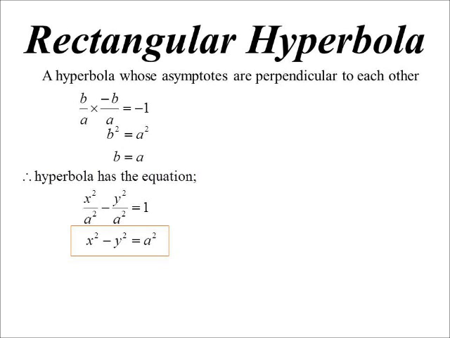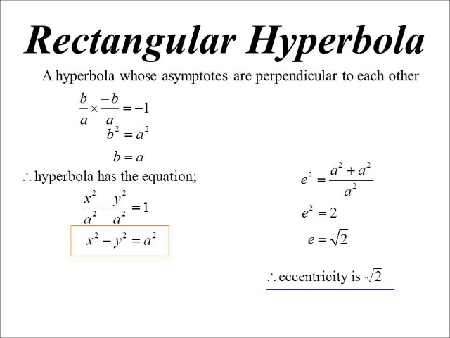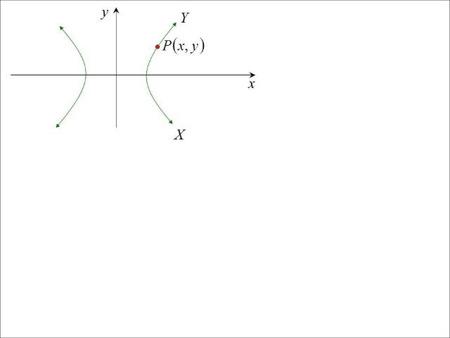And it's equal to, well, I don't know that we can call it a radius, but it's equal to something squared, a squared there. So the eccentricity, instead of being a squared plus b squared on a squared, it's now a squared plus a squared on a squared. So every rectangular hyperbola has an eccentricity of the square root of 2. So there it is in the position of x squared minus y squared is equal to a squared.